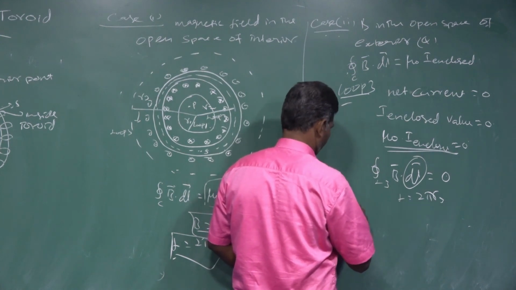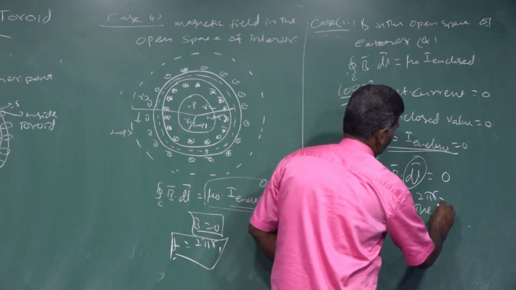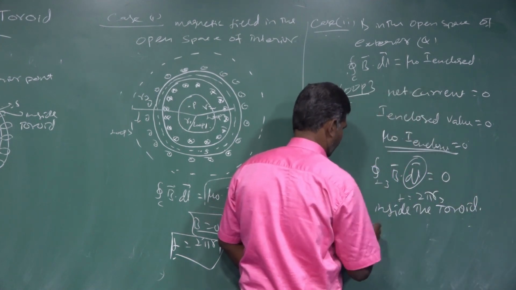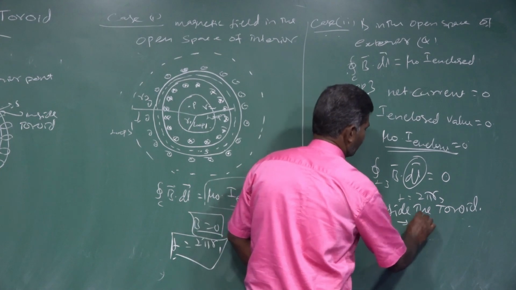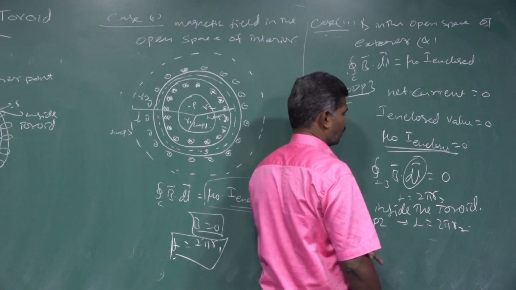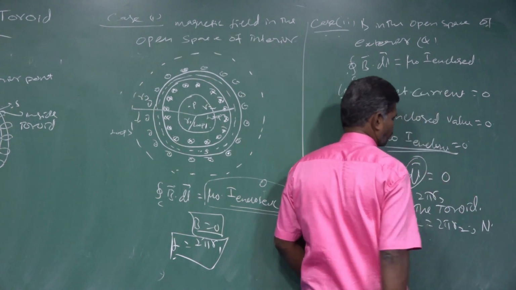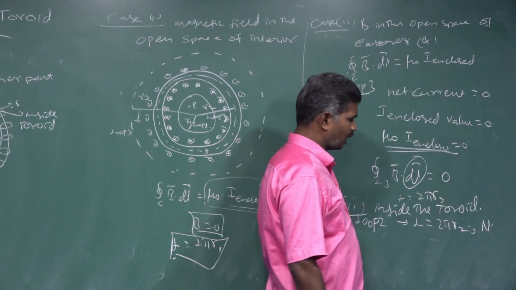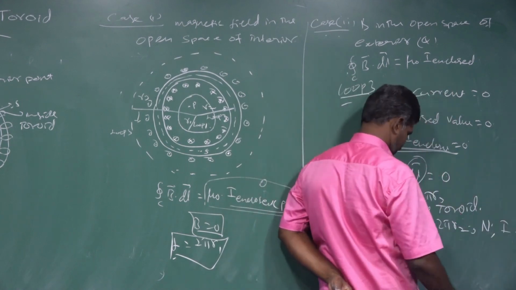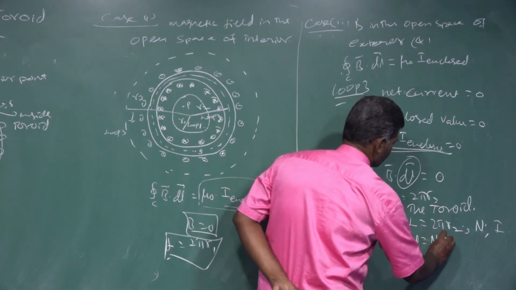This is case 3, where we look inside the toroid. Here we construct Amperian loop 2, where the perimeter L is equal to 2 pi R2. The total number of turns in the toroid is capital N, and the current through each turn is I. So I enclosed is equal to NI.